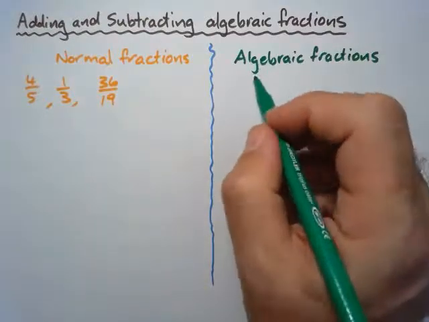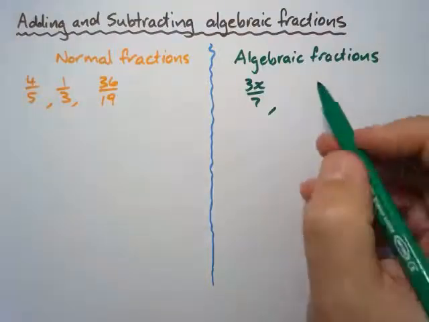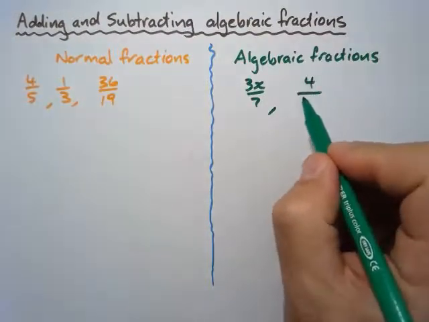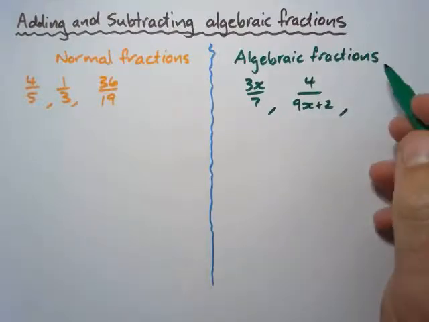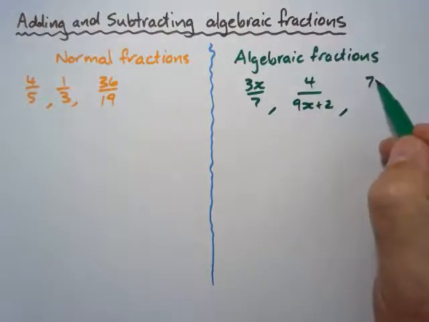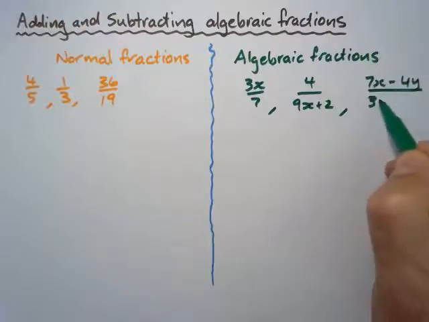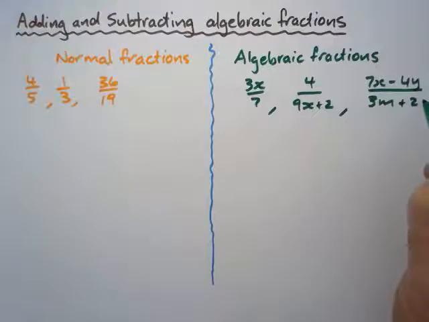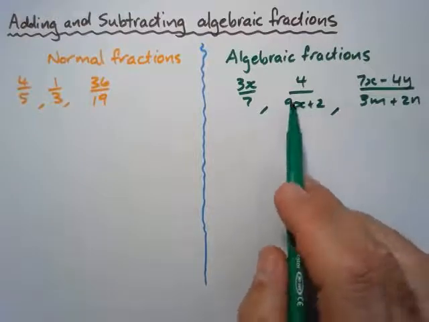So it can be something like 3x over 7, or 4 over 9x plus 2, or it can even be 7x minus 4y over 3m plus 2n. All of these are algebraic fractions because they contain pronumerals.